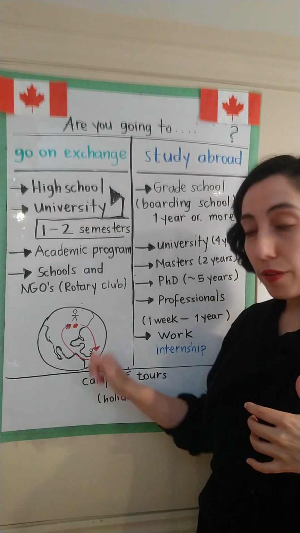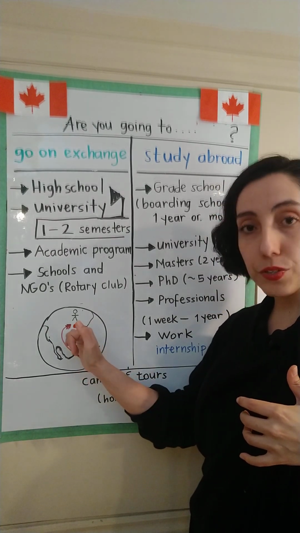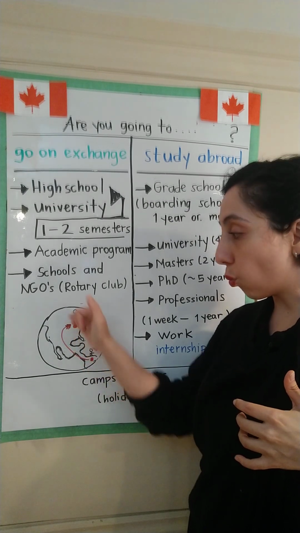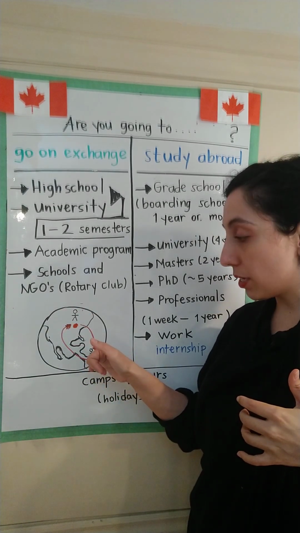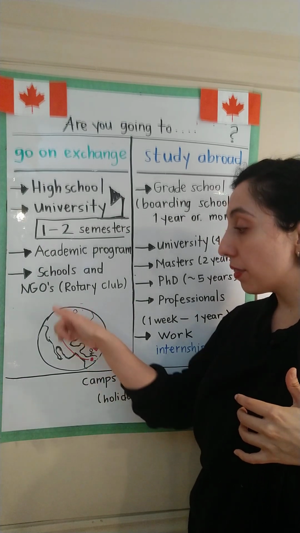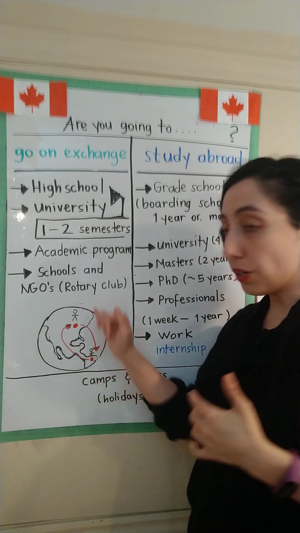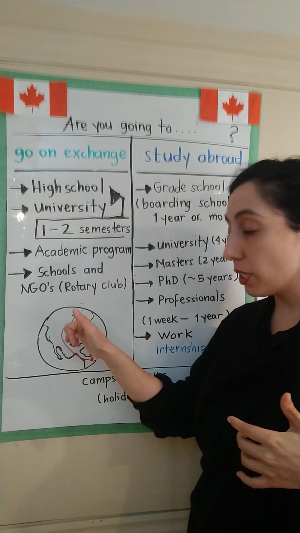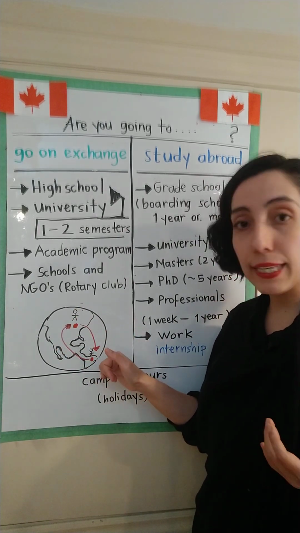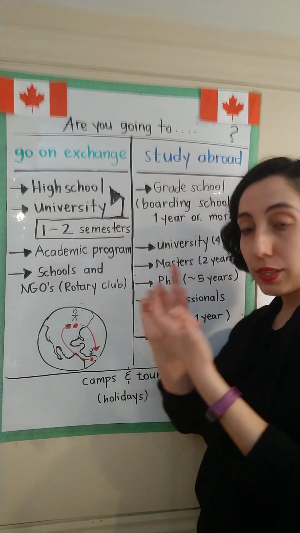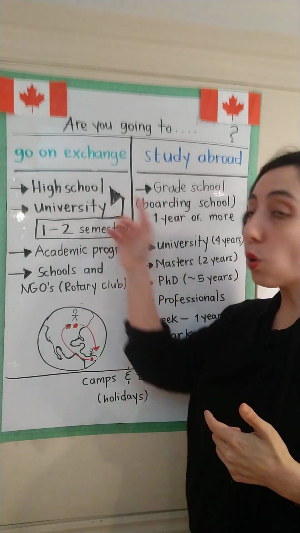And vice versa, if there's a student from the US who wants to travel to Latin America to study at a university there, they can do that if there is an agreement between his university and a university in Latin America. So that's why we call this go on exchange.